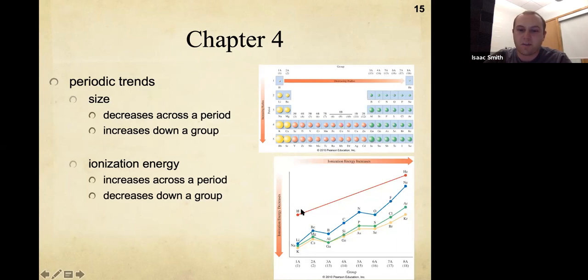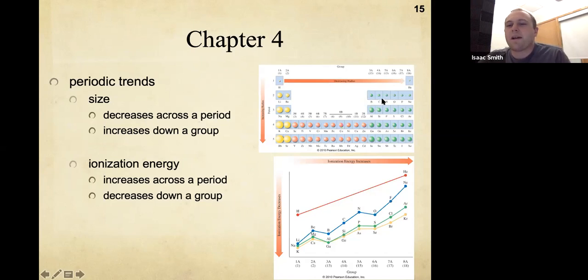The two exception spots are basically between this column and this column: between beryllium and boron, or between magnesium and aluminum. And then also between nitrogen and oxygen, you'd see it again. So know those. Again, on a test, if I'm comparing ionization energies, or size, I wouldn't say, which is bigger, boron or chlorine? It's kind of hard to tell, even if you can see it on here.